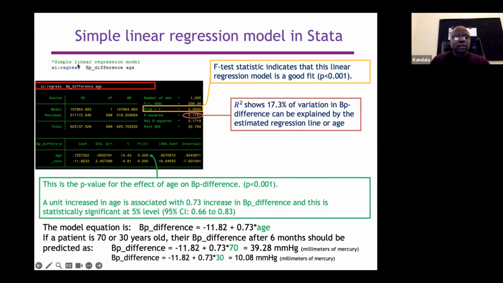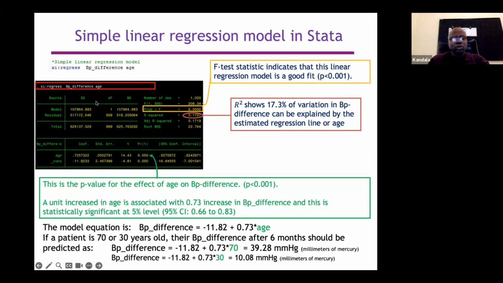So running a simple regression model in Stata, you have just to put regress, put the dependent variable, in this case is blood pressure difference, and the independent variable is the age, assuming that you are investigating the relationship between the blood pressure difference and age.